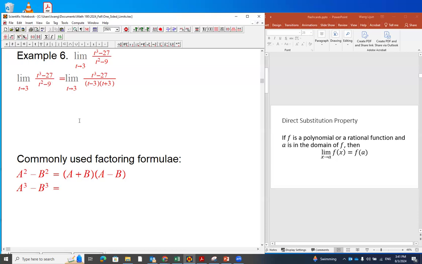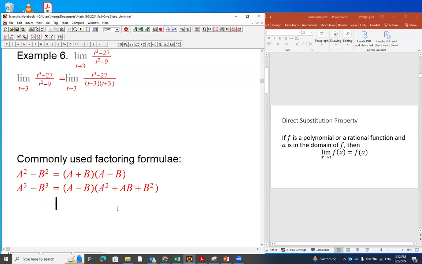So a to the power 3 minus b to the power 3 equals a minus b times, I think, a squared plus ab plus b squared. Have I forgotten? Is it right?